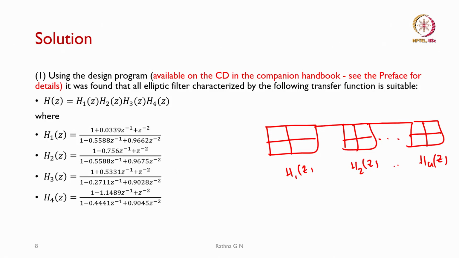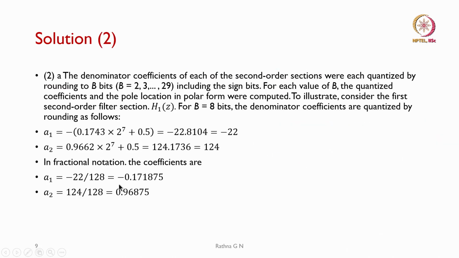As you can see in this case, you will be varying your number of bits, from 2, 3 like that, you can keep on changing and then you can go up to 29 bits. So, that is what the theory gives basically.